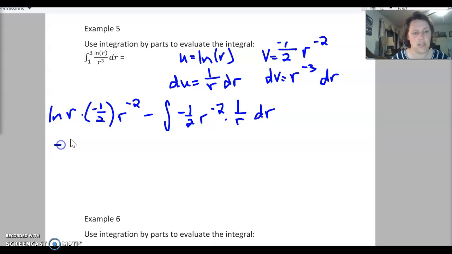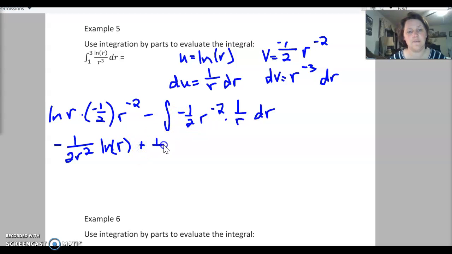So I'm going to put negative 1 over 2r squared natural log of r here, minus, well, it's going to be a plus actually, so plus 1/2, and then times the integral of 1 over r cubed dr, and then we're ready to go ahead and integrate there.